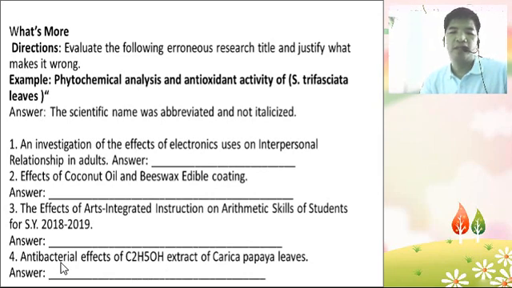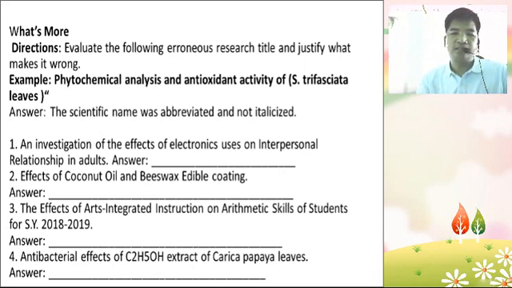Dapat "Antibacterial effects of ethyl alcohol extracts of Carica papaya leaves." Also, capital letter yung E, capital letter yung extract din dyan. Also papaya, capital letter yung P, and then capital letter ang leaves. So those are the possible errors in these research titles.